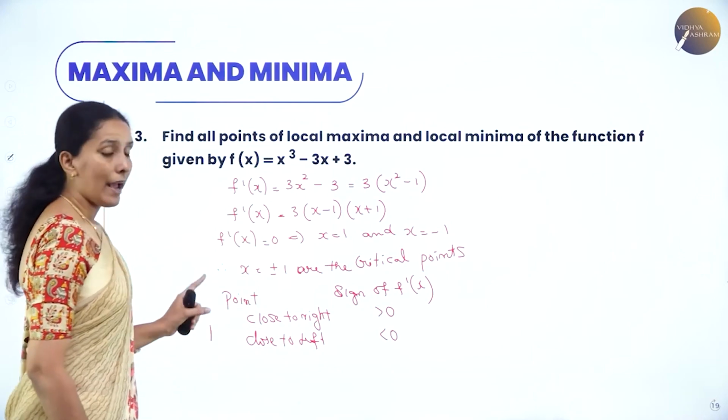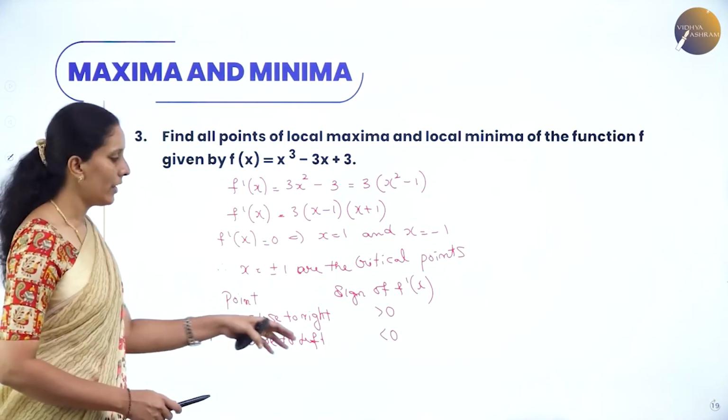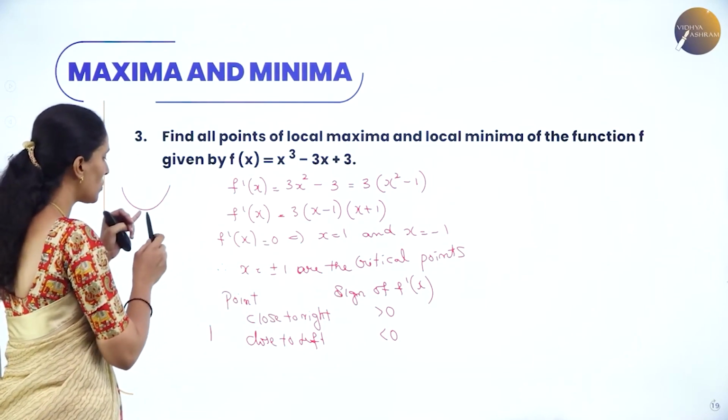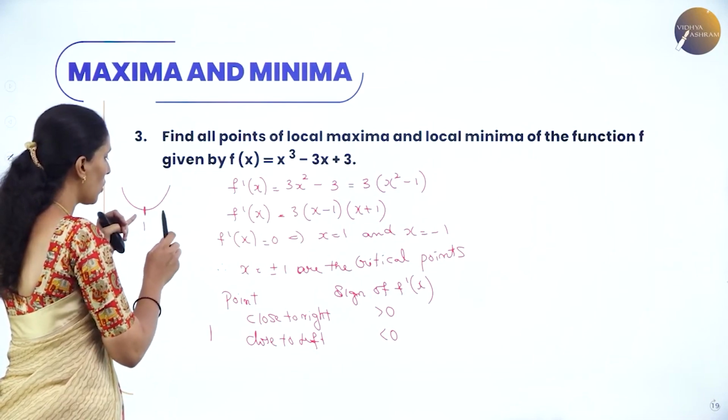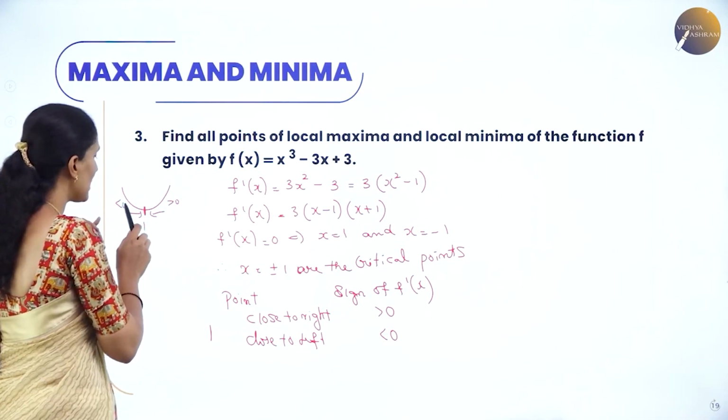So according to this, if you take the point 1, close to the right it is greater than 0, and close to the left it is less than 0, so the curve will be like this.